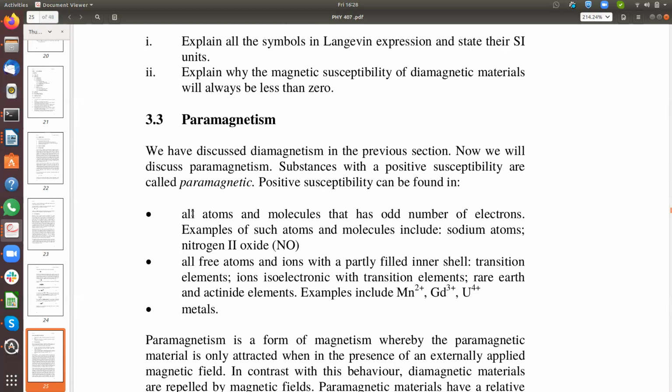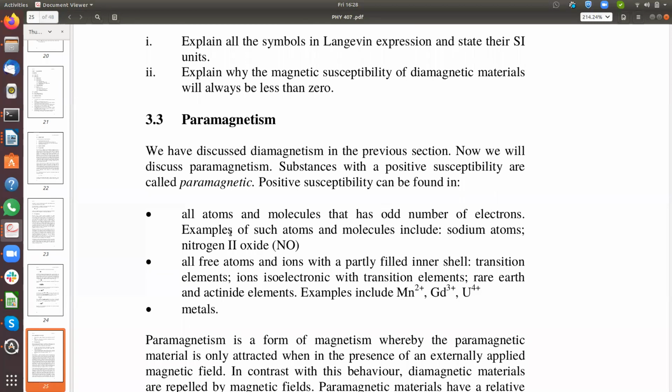Please take note of all these. Examples of such atoms and molecules include sodium atoms and nitrogen(II) oxide. Two, all free atoms and ions with a partly filled inner shell: transition element ions, ions isoelectronic with transition elements, rare earth and actinide elements. Examples are manganese 2+, gadolinium 3+, and uranium 4+.